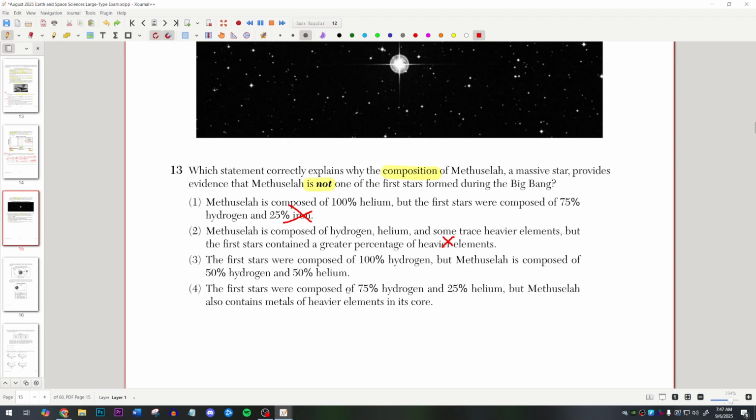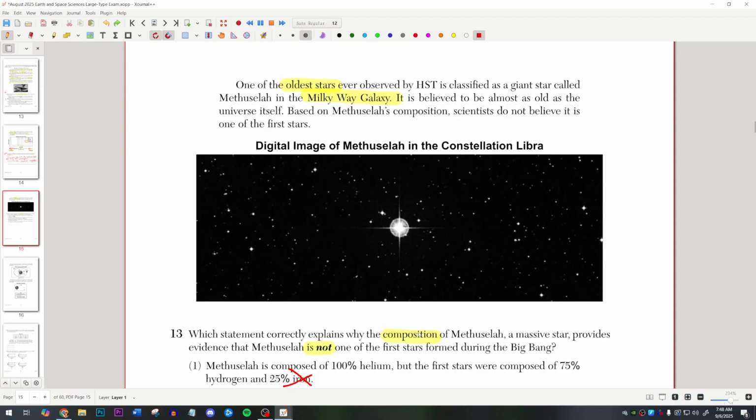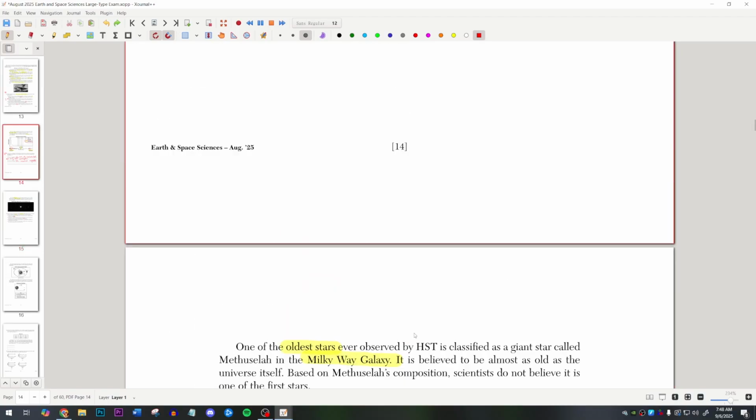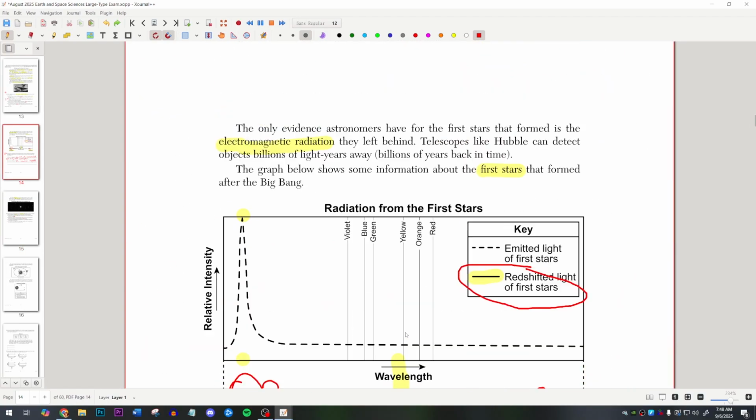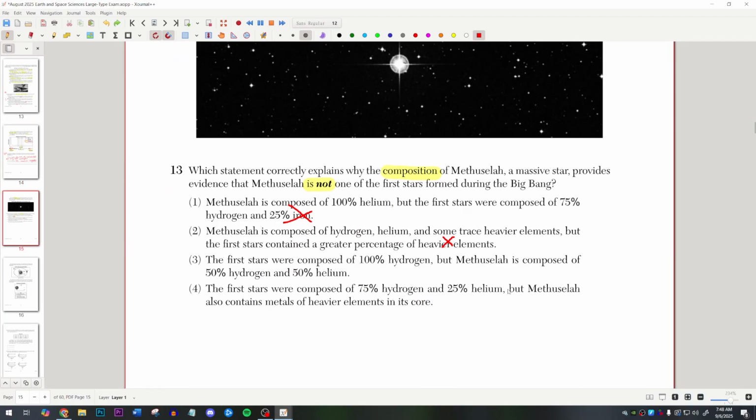The first stars were composed of 75% hydrogen and 25% helium, but Methuselah also contains metals, or heavier elements, in its core. The problem I have with this is, where's the data for the composition of the star? So basically, the second part of this doesn't matter.